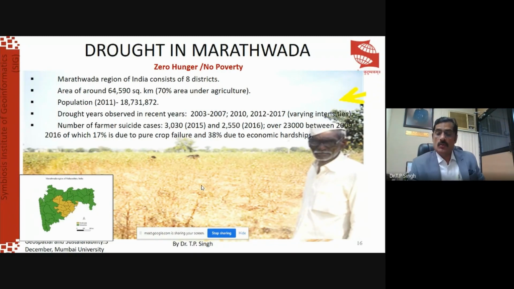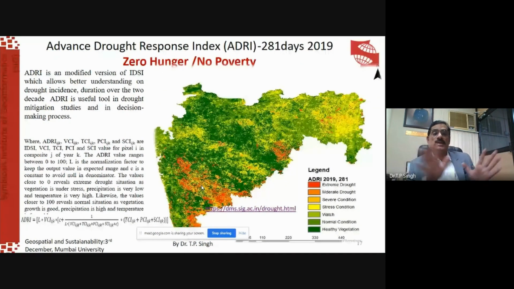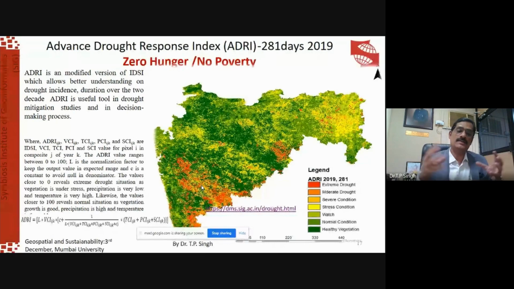Here, we can develop a system where remote sensing plays a very important role, because many different kinds of indices provide information about what is happening in a particular area. Let's say the vegetation condition index: vegetation is an important parameter that gives information about water stress conditions. The temperature condition index provides information about how high the temperature is at a particular place.